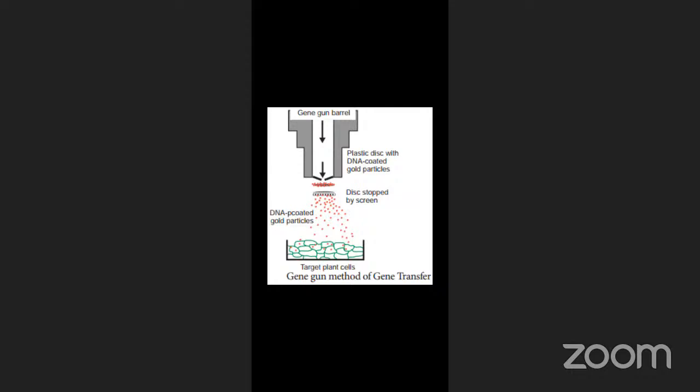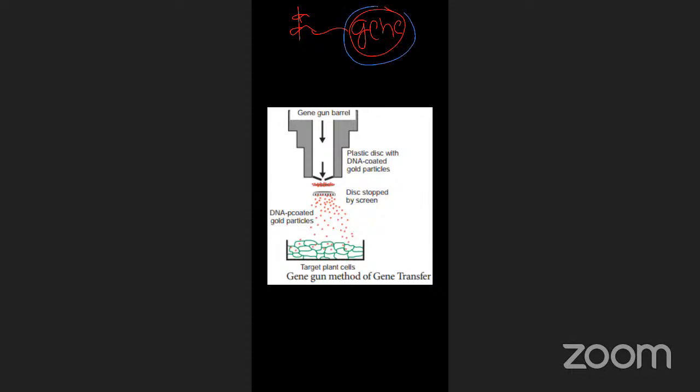In the gene gun method, this is the one plant. The desired gene is separated from the plant. This gene is encapsulated with the help of tungsten and gold particles.